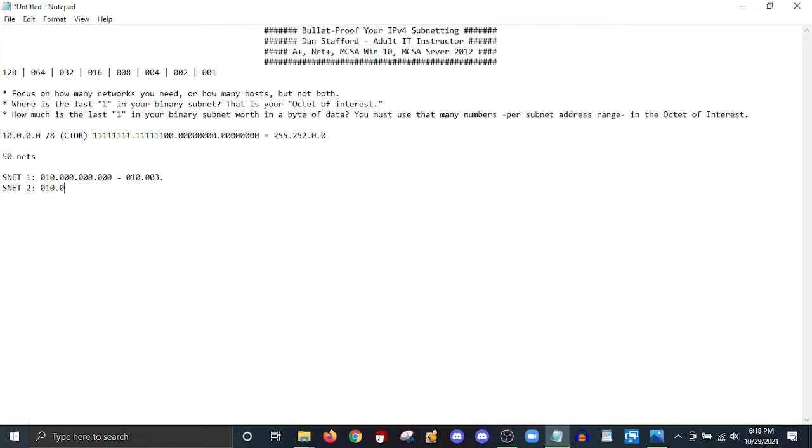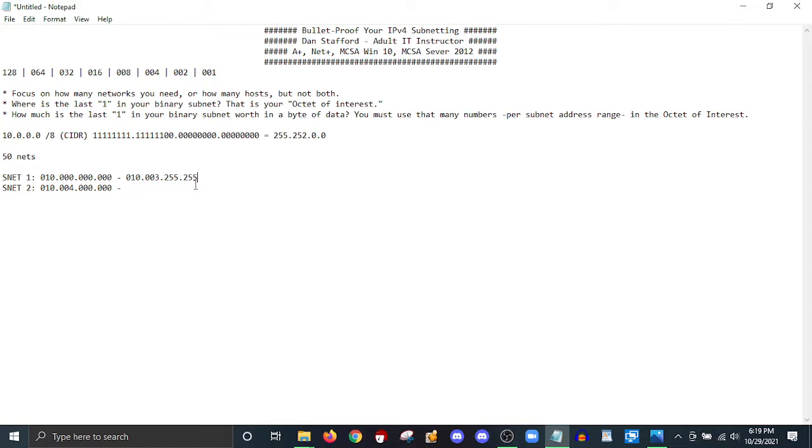It has to go to 4 at the beginning of the range. Now, in order for this octet to go from 3 to 4, both of the octets to the right of it must go all the way to 255.